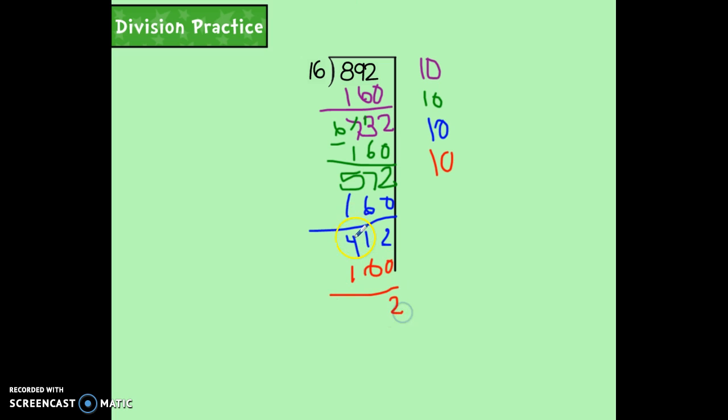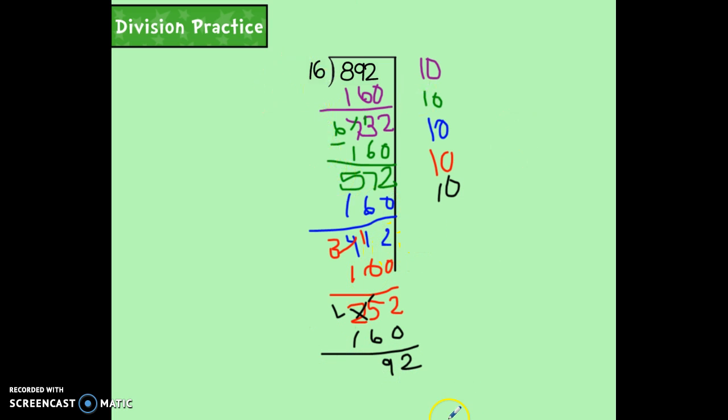Subtract. Minus 6 is 5, so I have 252. I can fit in another group of 10. Sometimes you have to do them a lot. You might have tried a different number. 15 minus 6 is 9. Now I only have 92.